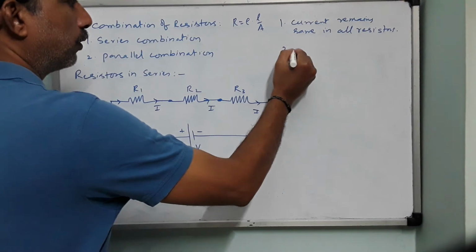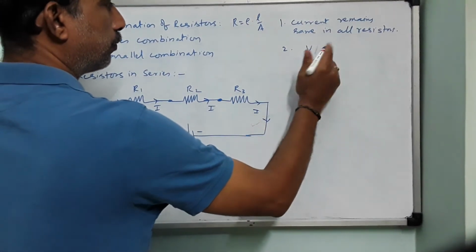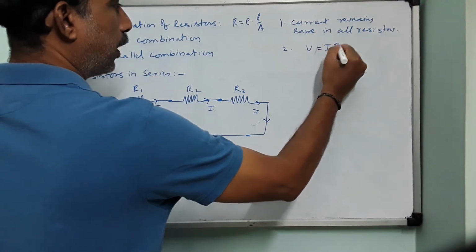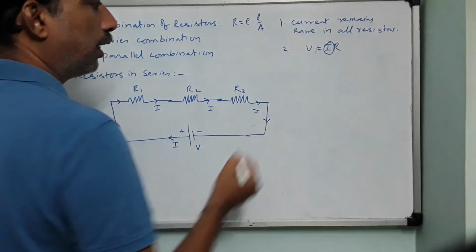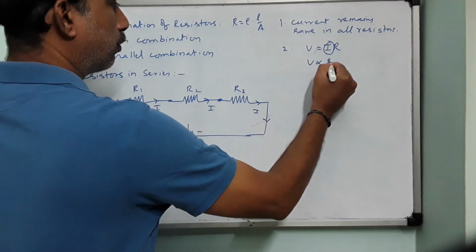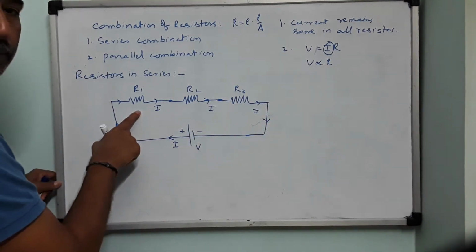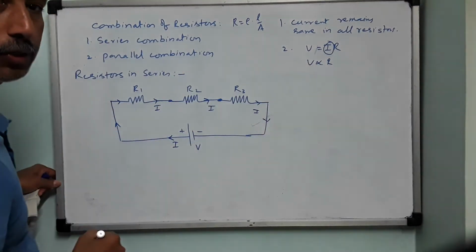Number 2. Now we have the formula V equals IR. We said current is going to be the same. So this implies that V is directly proportional to R. The more the resistance, the more the potential drop. The less the resistance, the less the potential drop.